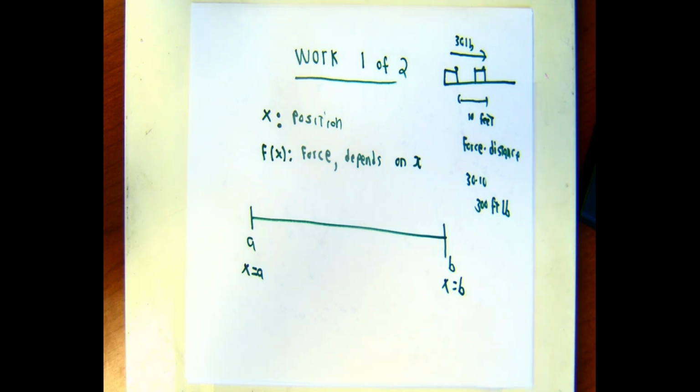I want to imagine starting at location specified by x equals a and ending at x equals b. Since the force can vary from point to point, I need to do some sort of calculation, some sort of situation in which I can regard the force as very nearly being constant.